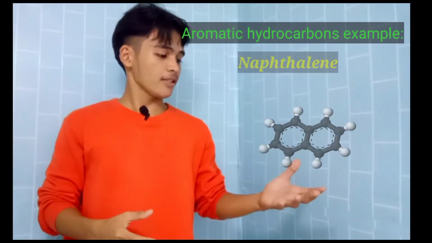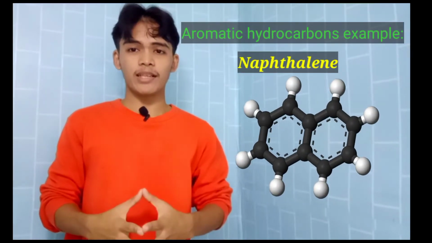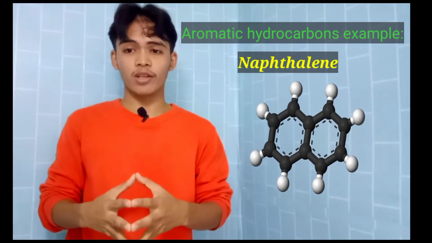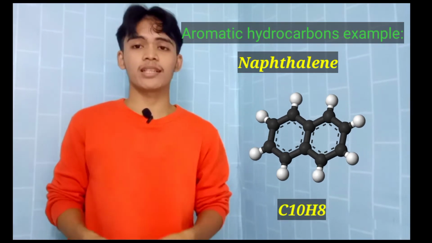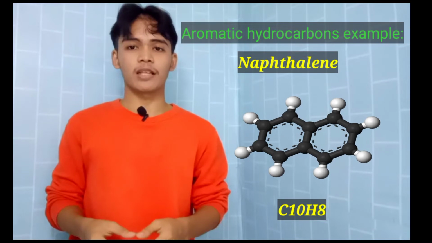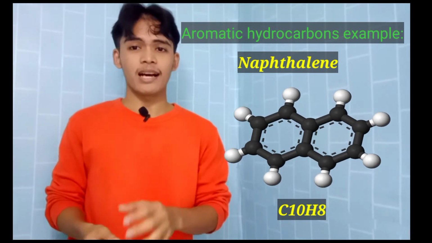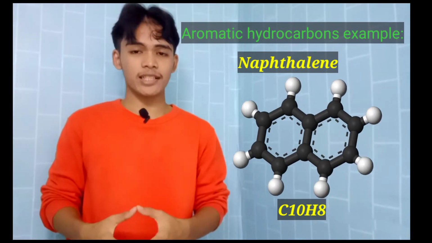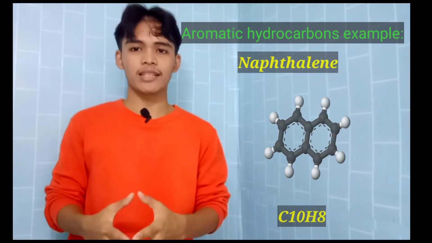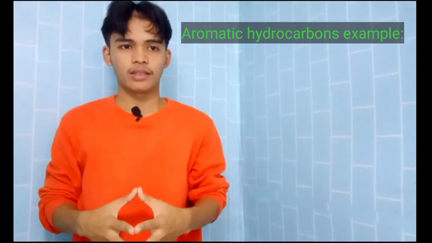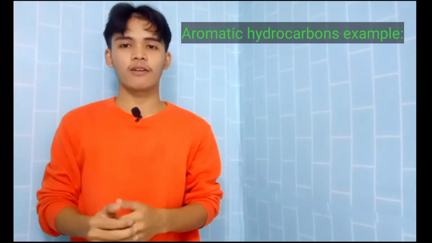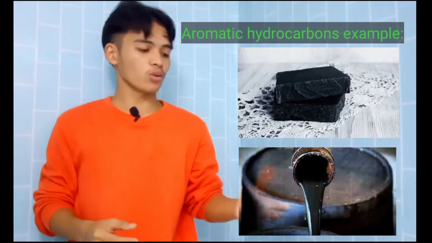The second is naphthalene. Naphthalene is an organic compound with a formula of C10H8. It is the simplest polycyclic aromatic hydrocarbon and is a white crystalline solid. Also, naphthalene is found in coal tar and crude oil.